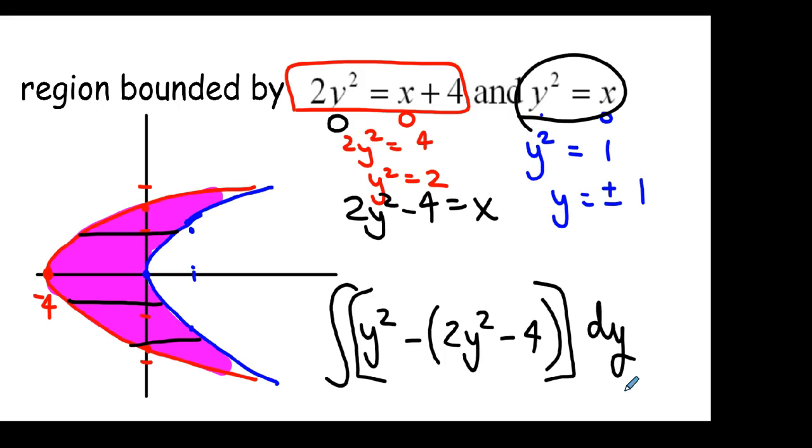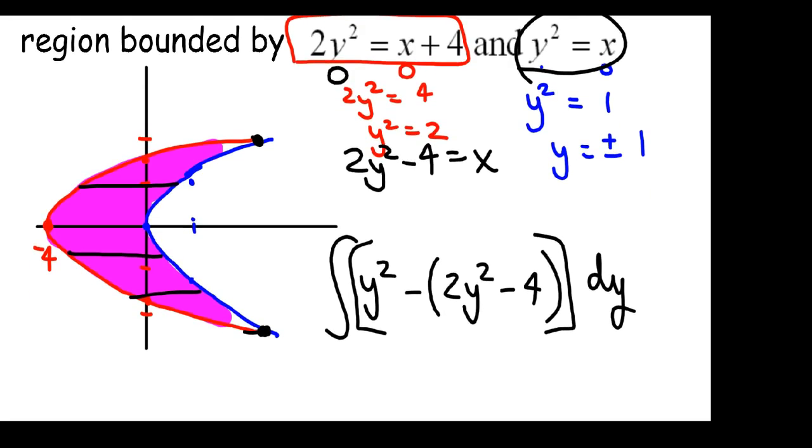And then I need to know the y coordinate of where these things intersect. So I can get that by setting the equations equal to each other and solving for y.